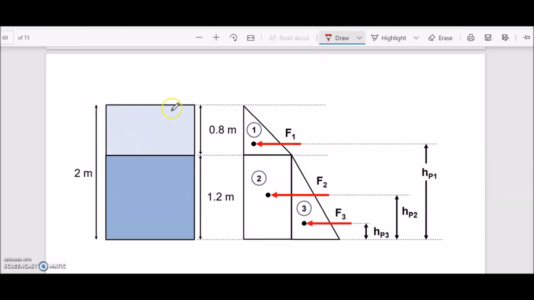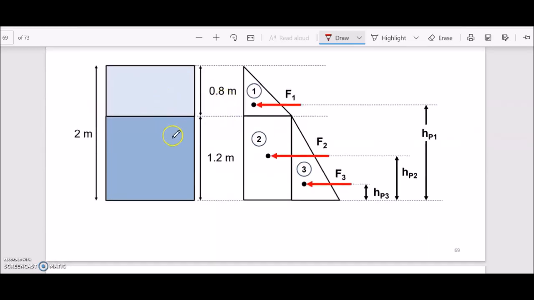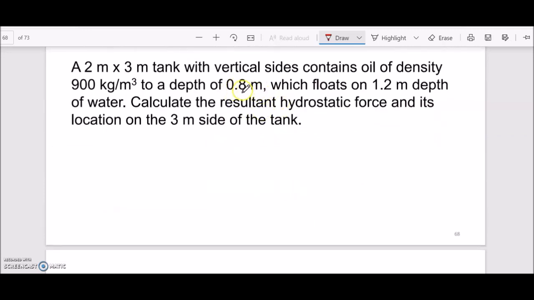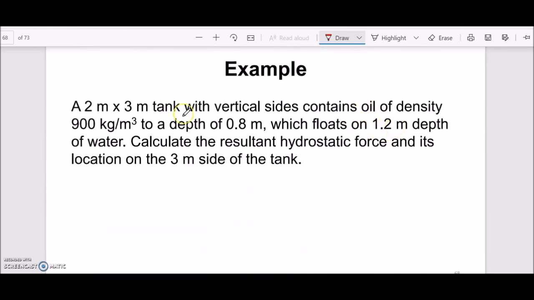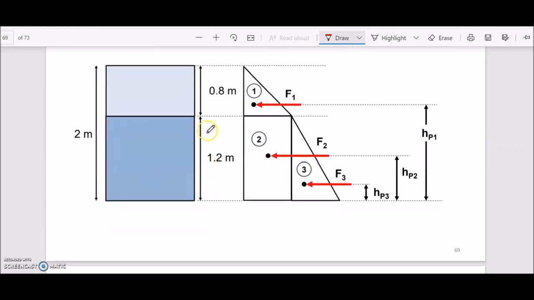So we have this tank with 0.8 meter depth of oil and 1.2 meter depth of water.